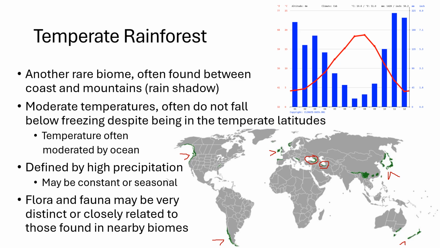Because they're near the coast, they have moderate temperatures, and those temperatures rarely get below freezing for the monthly average. So you often see an increase during the summer, but a decrease during the winter, but not below freezing.